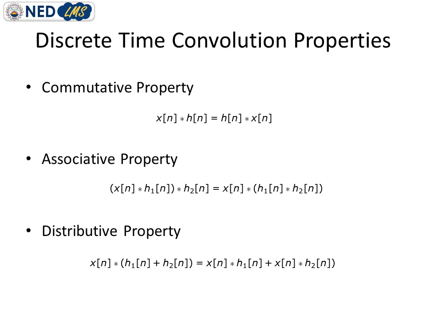So this associative property is telling us that x of n convolved with h1 of n first, then convolved with h2 of n, is independent of the position of the system or the position of blocks in the block diagram.